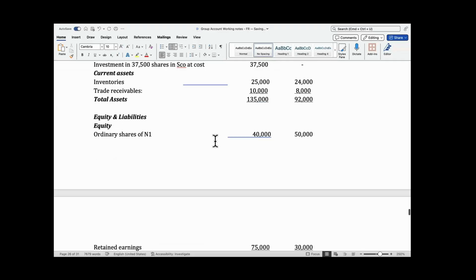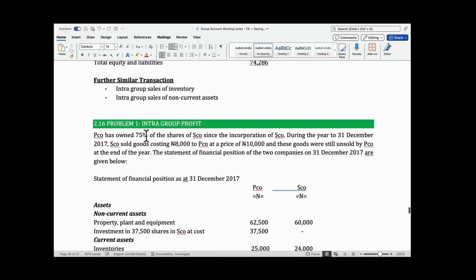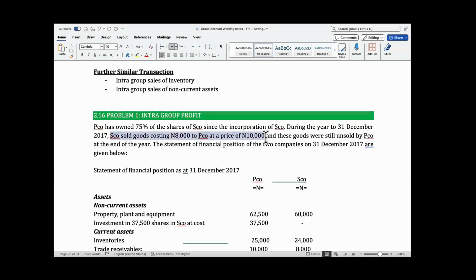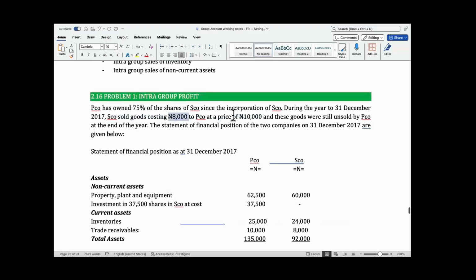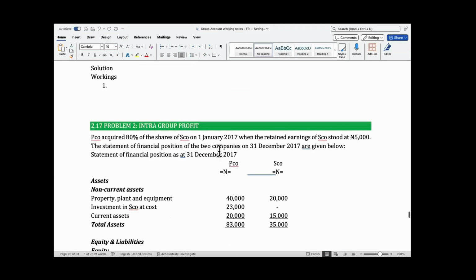So my working one first is this unrealized profit, because there is a profit that ESCO has made of 10,000.